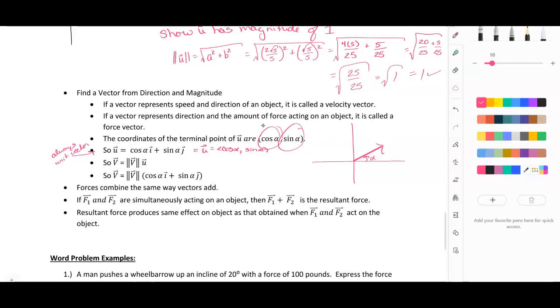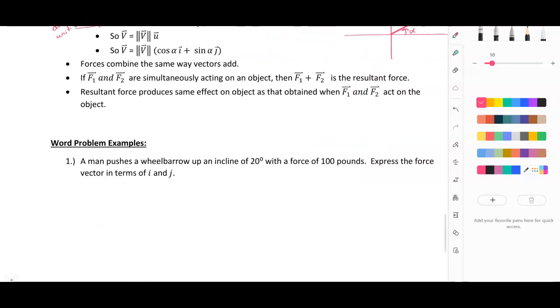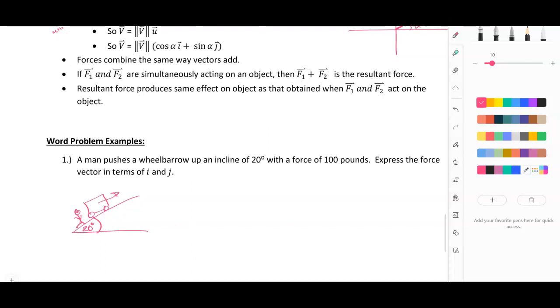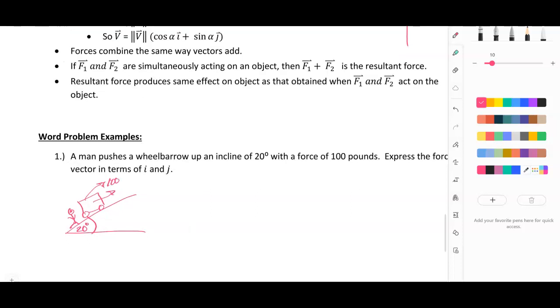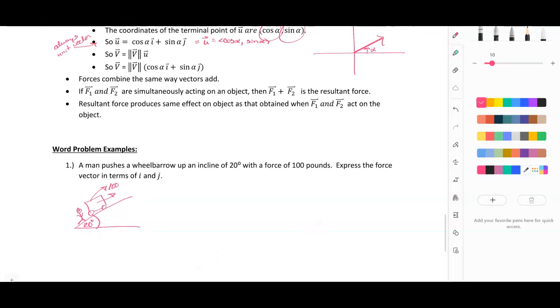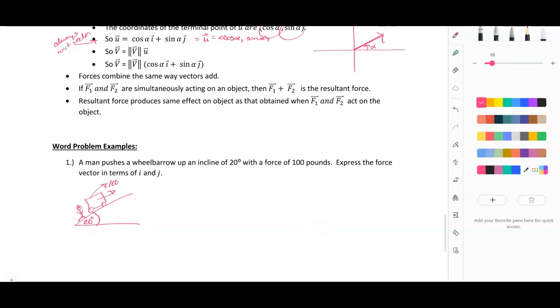All right, so let's look at a few physics examples. In this example, we have a man pushing a wheelbarrow up an incline that's at 20 degrees. And we know the weight of this is 100 pounds. We want to express the force vector in terms of i and j.